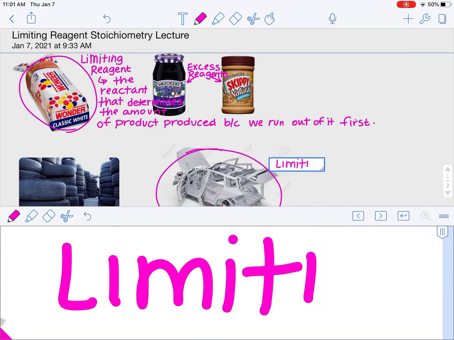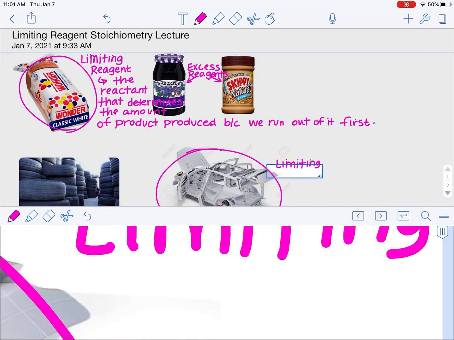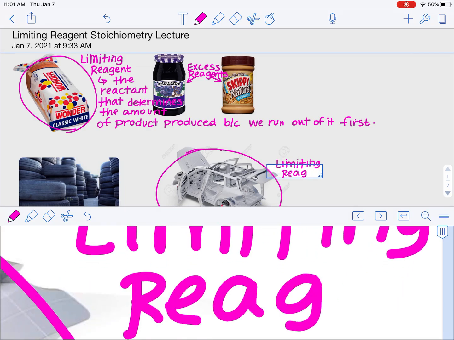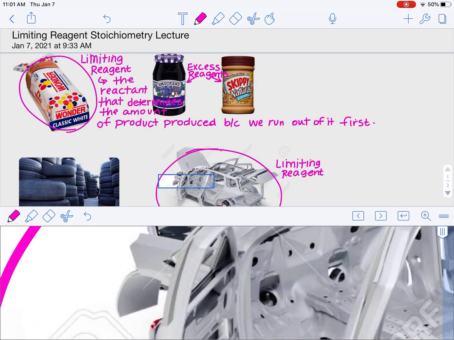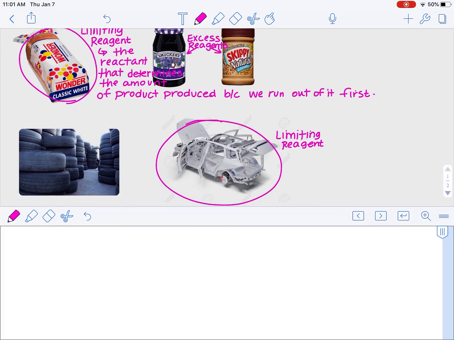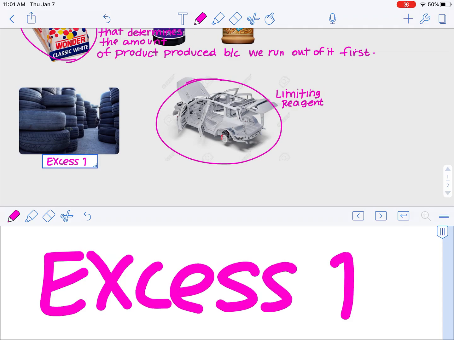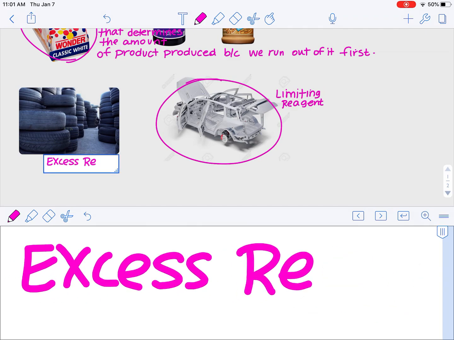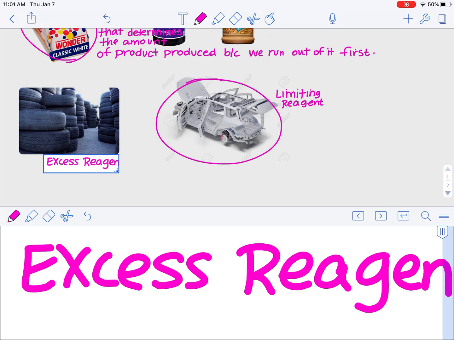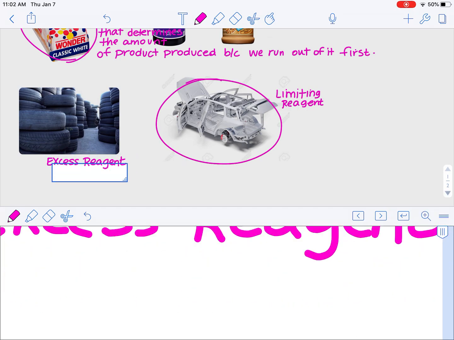The car frame is the limiting reagent. As soon as I run out of car frames, I can no longer manufacture cars. The tires, on the other hand, are my excess reagent. I have so many of them, I'm not going to run out.